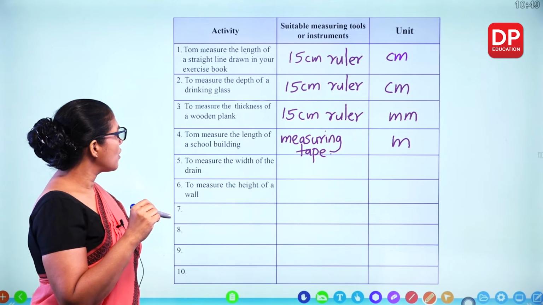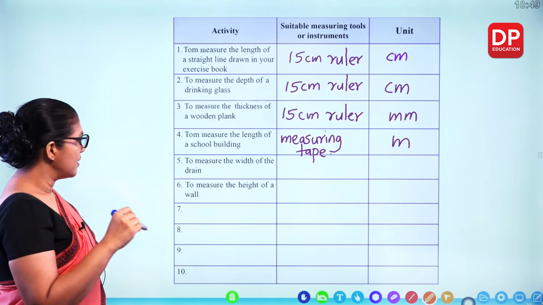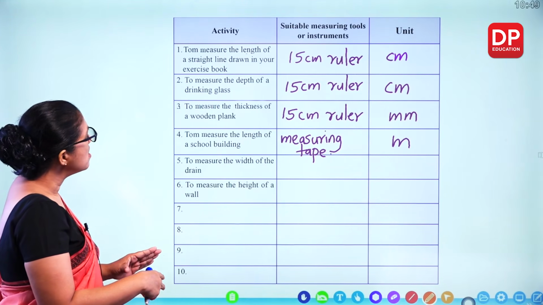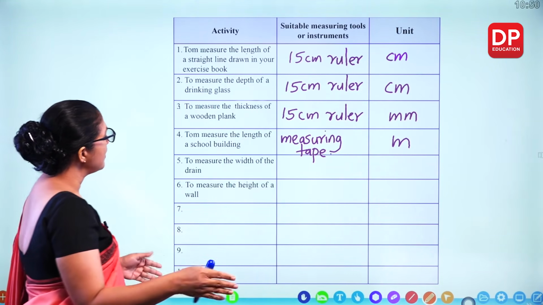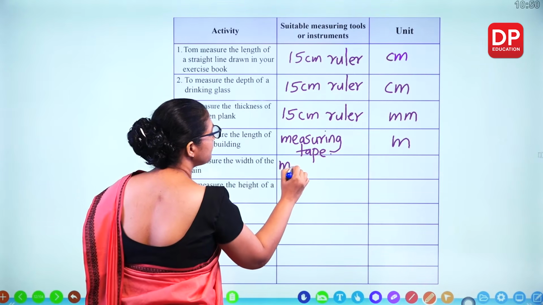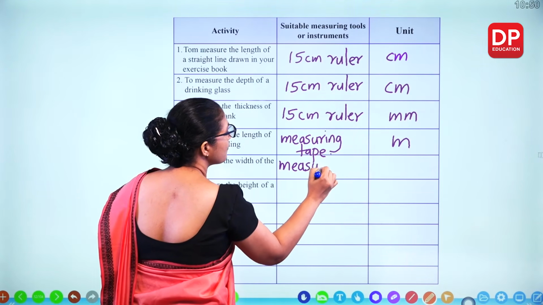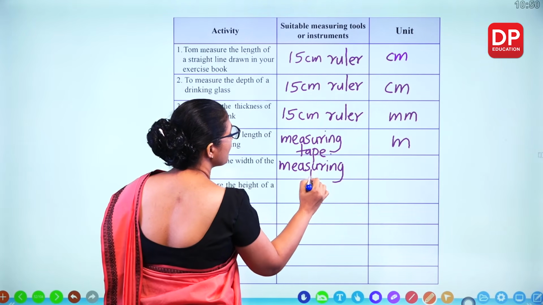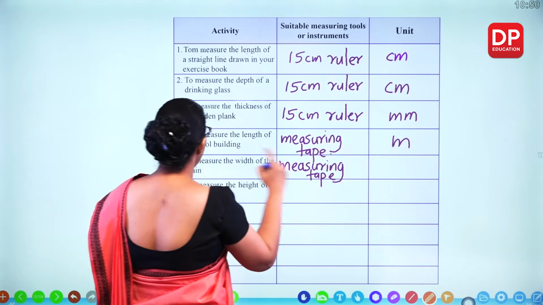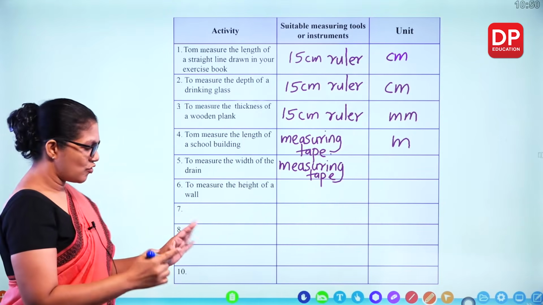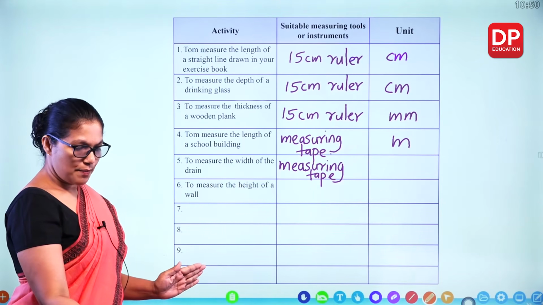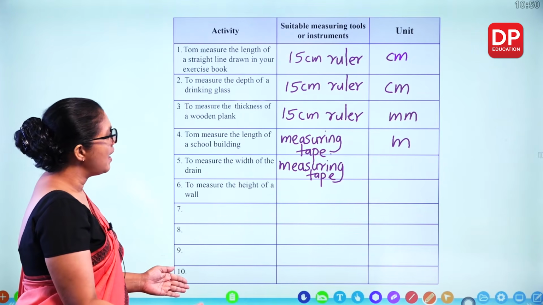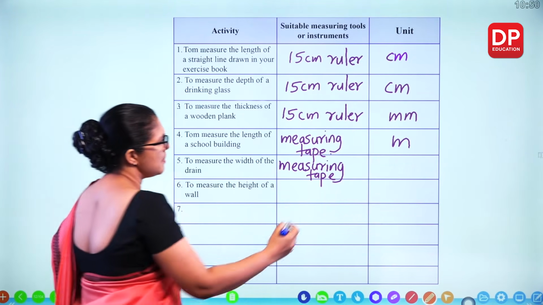To measure the width of the drain. So you can take the measuring tape. If it's something like this, you can take the measuring tape and not meters, centimeters enough.